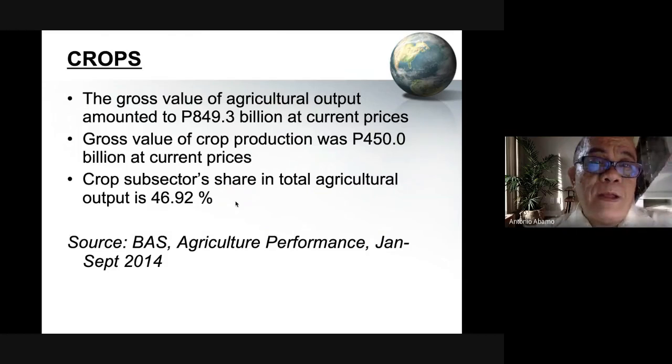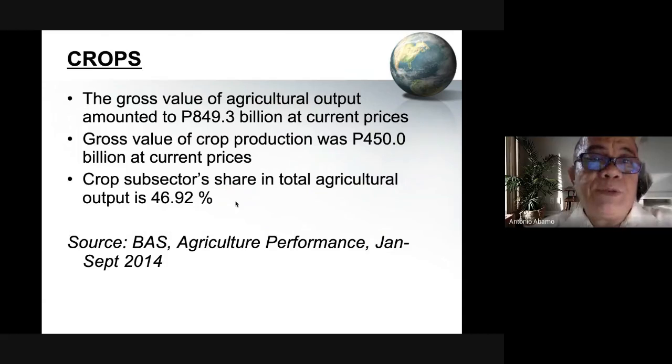If you have cassava, it can be an input for alcohol production, or for manufacture of feeds. Okay, so these are the different types of inputs that are basically supporting the agro industries. In terms of crops, we have crops, livestock, and others.